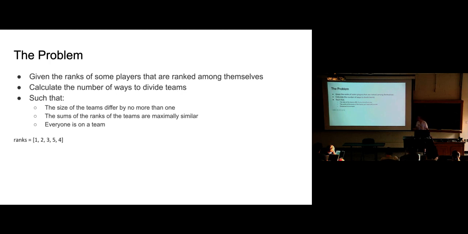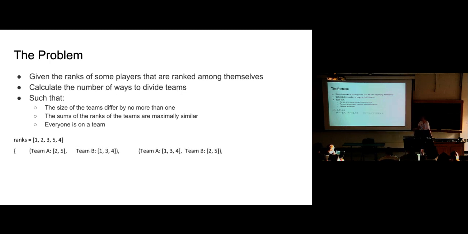So the example is, let's say these are the ranks of the players. This means player 0 has rank 1, player 4 has rank 4, player 3 has rank 5. So we're pretending here that players are the index and their rank is the value.